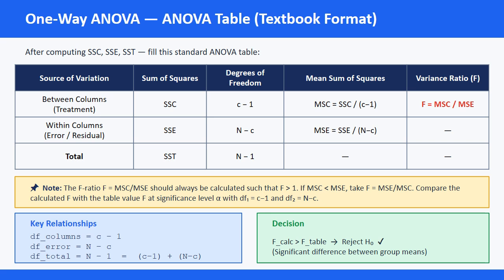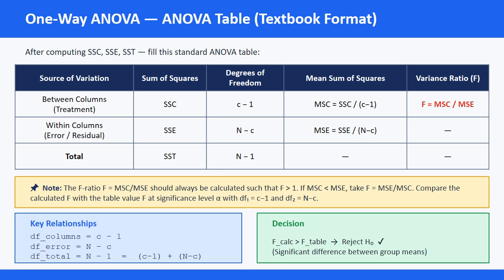Once we compute SST, SSC and SSE, we arrange them in an ANOVA table. We calculate the degrees of freedom then. For the column it is C minus 1, for error N minus C, and for total N minus 1. Then the mean sum of squares is calculated. So MSC is equal to SSC divided by its degrees of freedom, and MSE is equal to SSE divided by its degrees of freedom.